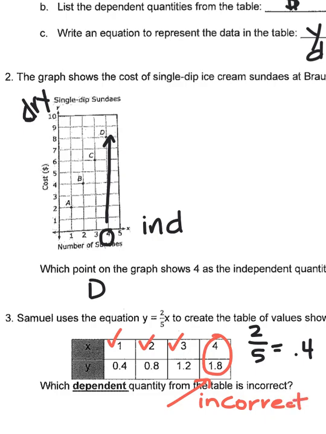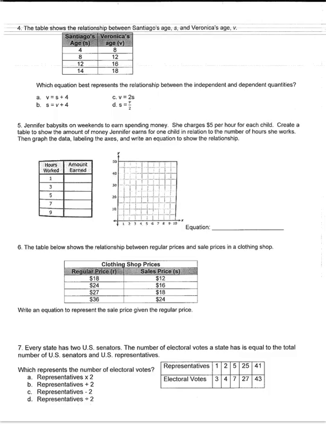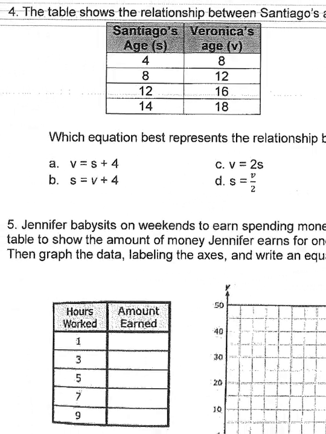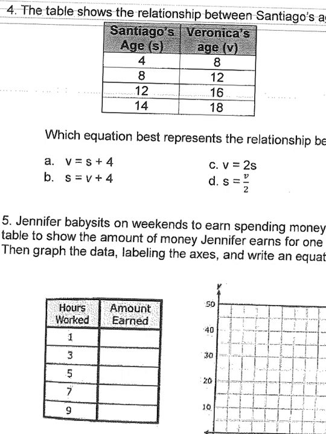Incorrect. But next page. Okay, now we have 2 people, and we're looking at ages. Santiago is 4, Veronica's 8, Santiago's 8, Veronica's 4. Looks like we've got a 4-year age difference. That's not hard to figure out.